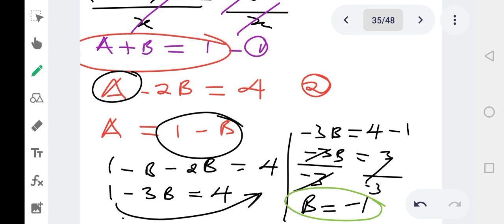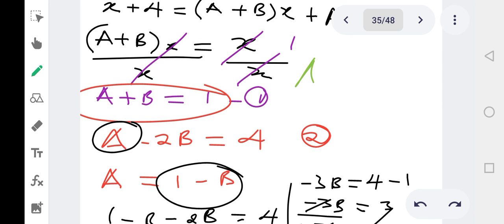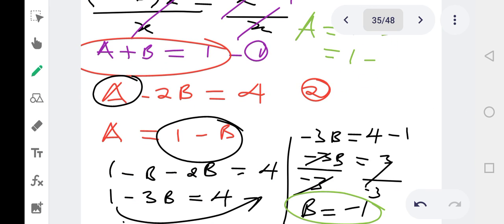Having found b, let's find a. We are going to use this equation there. a is equal to 1 minus b. What is b? Negative 1. Simple, right? So just say a is equal to 1 minus b. 1 minus what is b? Negative 1.